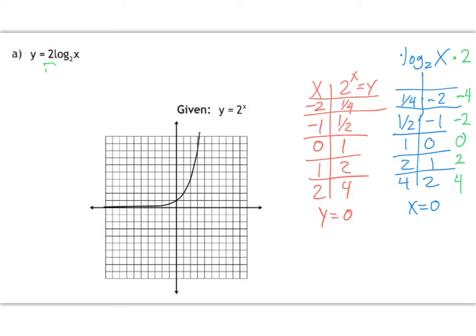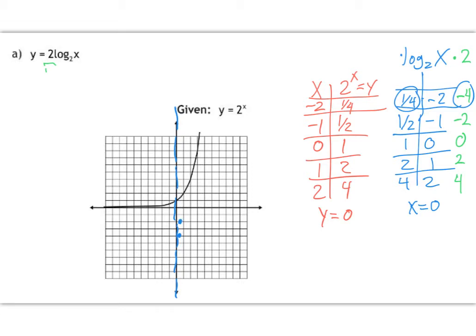I've got x equals 0, so I'm going to draw that asymptote in. I've got the point 1/4, -4. I'm going to try to do my best on that. It's going to be really hard to see. I've got 1/2, -2. Sorry, I already screwed this up. There we go.